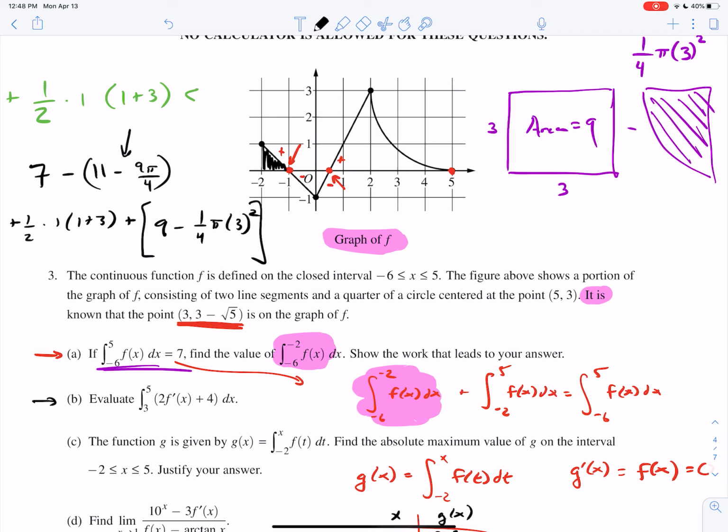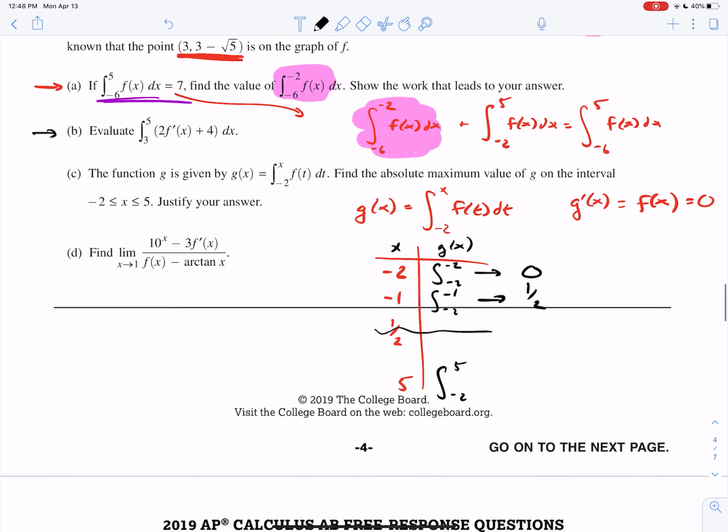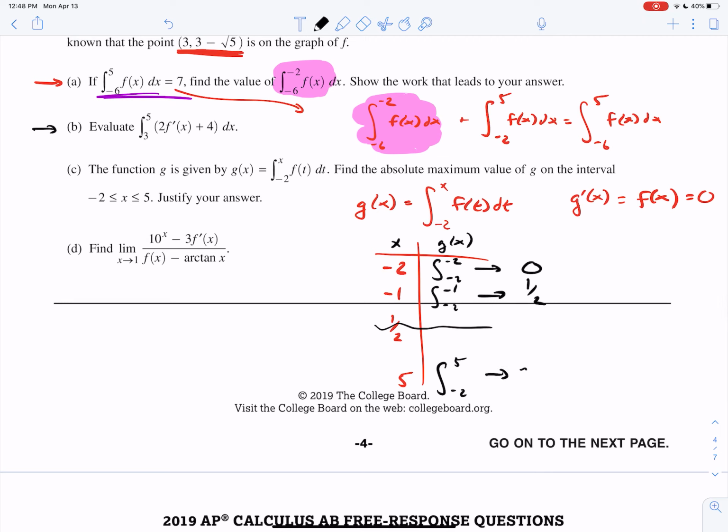So 3 times 9 is 27. If you divide that by 4, you're getting 7-ish. So 11 minus 7 is about 4. This is roughly 4, just to eyeball it. I wouldn't write that down, but we're looking for the absolute max, so you would just say that it's going to be 11 minus 9 pi over 4. Since it is the largest value, it can't be 0 or 1/2 here.